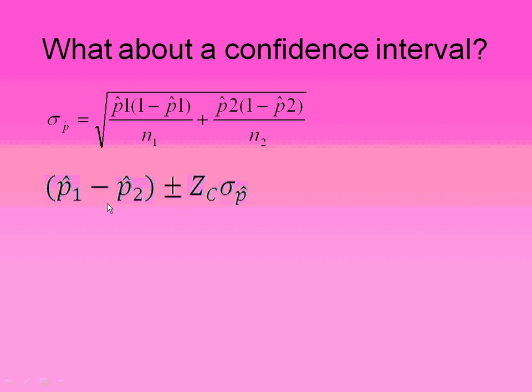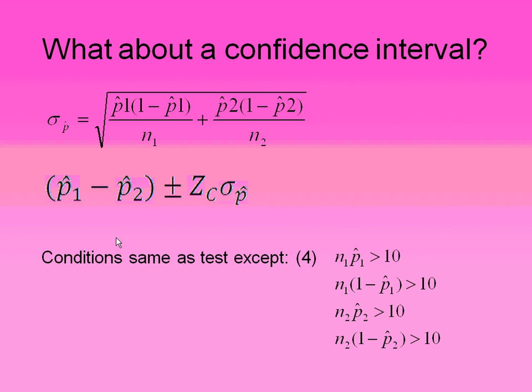When we're calculating the interval, we would have the difference of males versus females, plus or minus our margin of error. z of c works the same. If your confidence is 95%, your z-score is 1.96. Conditions are the same, except for number 4, we're going to use p hat 1 and p hat 2 when we multiply, and make sure they're all above 10.